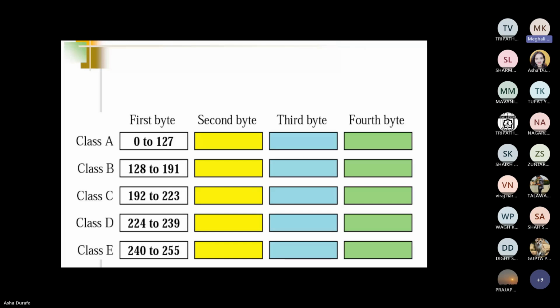Why can't I have any IPv4 address in the range of 300 or 400 or anything which is greater than 255? Let it be clear, anything which is greater than 255. Here it is ranged between 0 to 255, right? So why is this constraint?